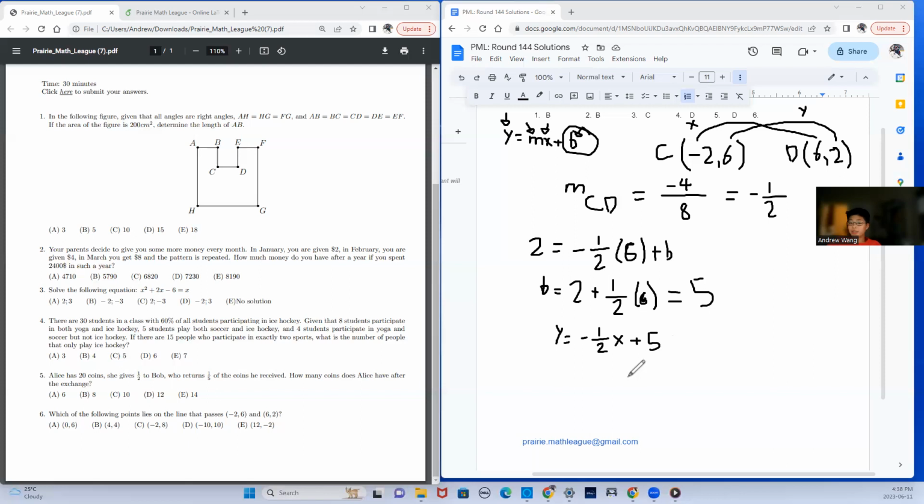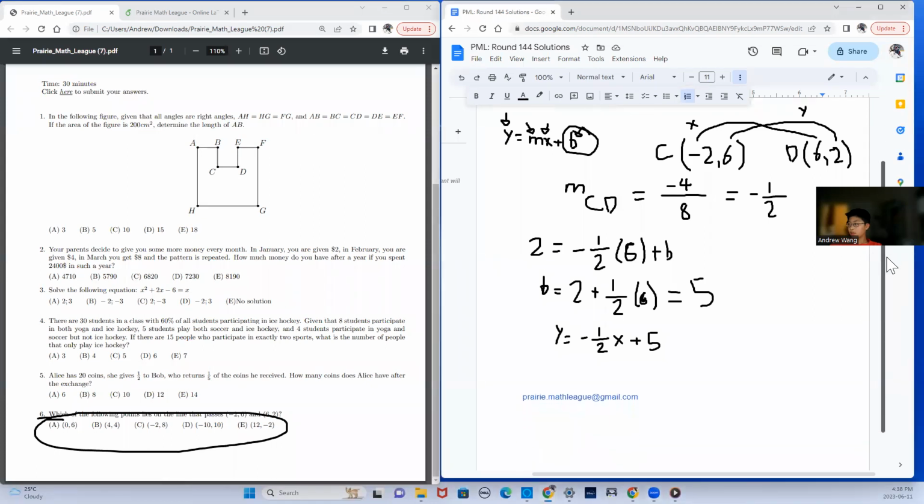Now that we have the equation of the line, we need to test out all the possible values in the answer set that satisfy this equation. So let's start off with A. I will just scroll down a bit.